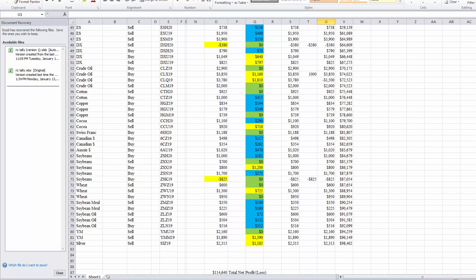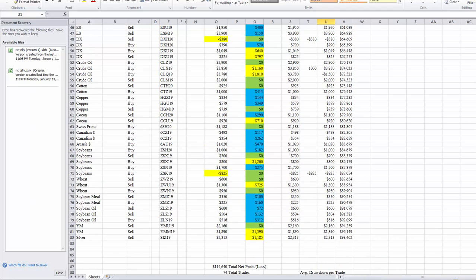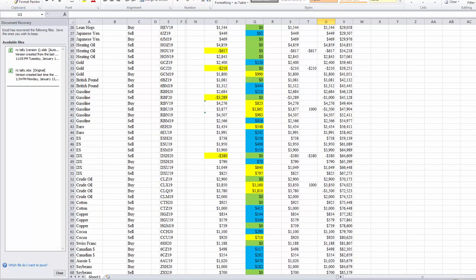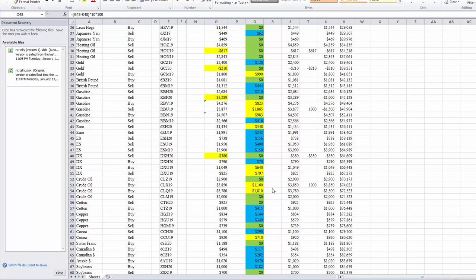If you have a losing trade, for example, here's a big losing trade, $3,289, and here's a small one, minus 380. That winds up being all the drawdown it had, of course. In some cases, you just get in and have very little, if any, drawdown, and just go, go, go, go, and it wins.